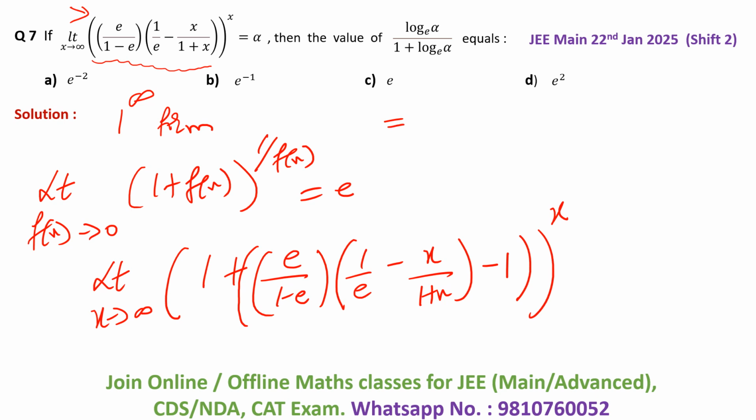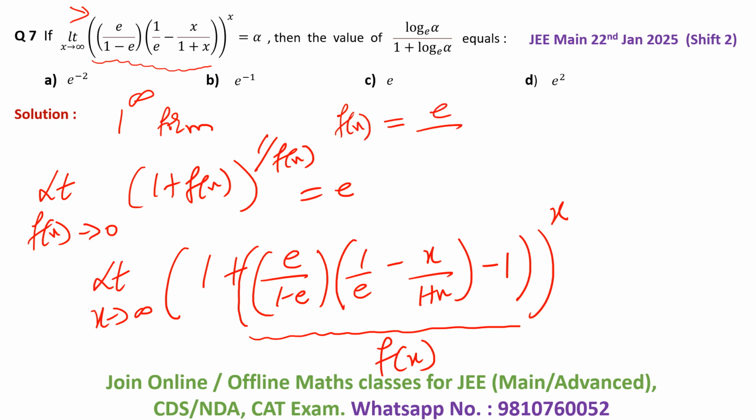Now, this particular term we will be calling f(x), because this particular function will approach 0 when x approaches infinity. Now, this is f(x). Let's simplify this.